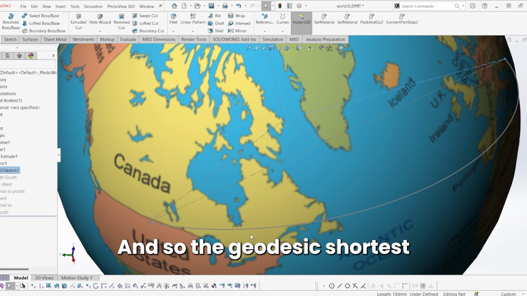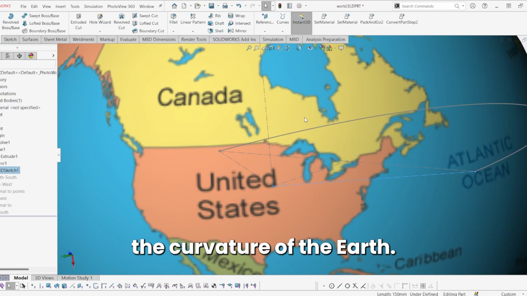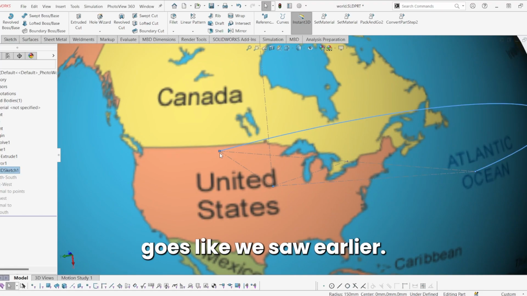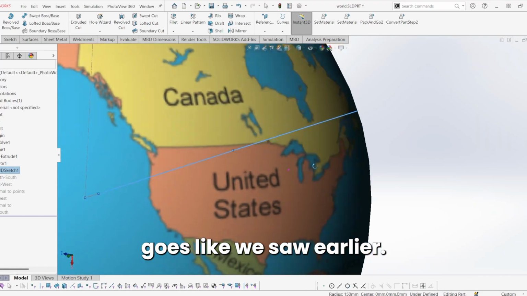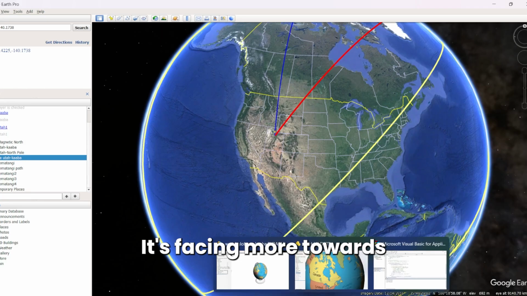And so the geodesic shortest path is one that follows the curvature of the earth. So this one goes like we saw earlier, right? North is slightly normal to that point. This is north. It's facing more towards northeast.